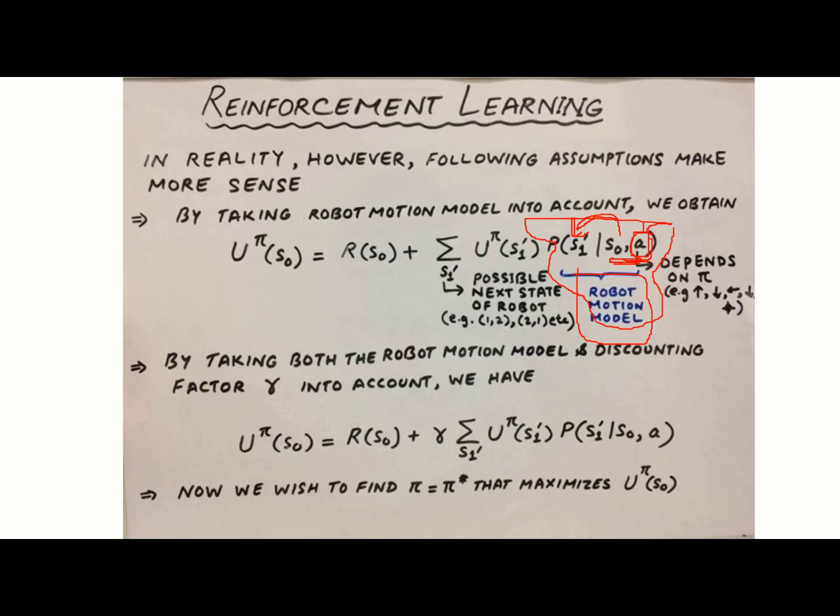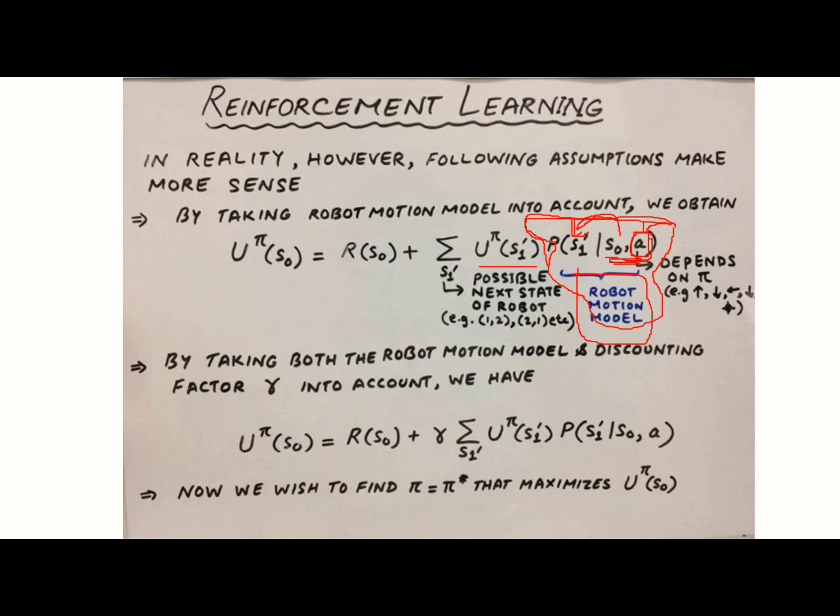And so the expression is now changed. We're going to multiply this probability P(S1 prime | S0, A) by the expected accumulated reward of state S1 prime, and we are going to add them all up.